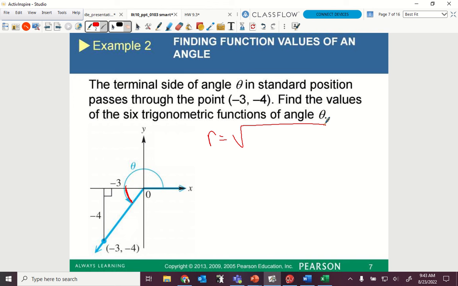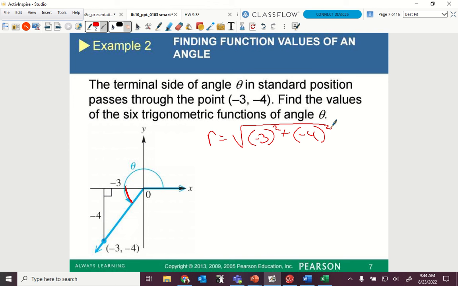So, parentheses, -3 squared plus -4 squared. If you notice, I put these in parentheses. If you don't put it in the parentheses, then you're going to have a bad time. If you put it in parentheses, you will remember that you always have to include the negative when you square these.